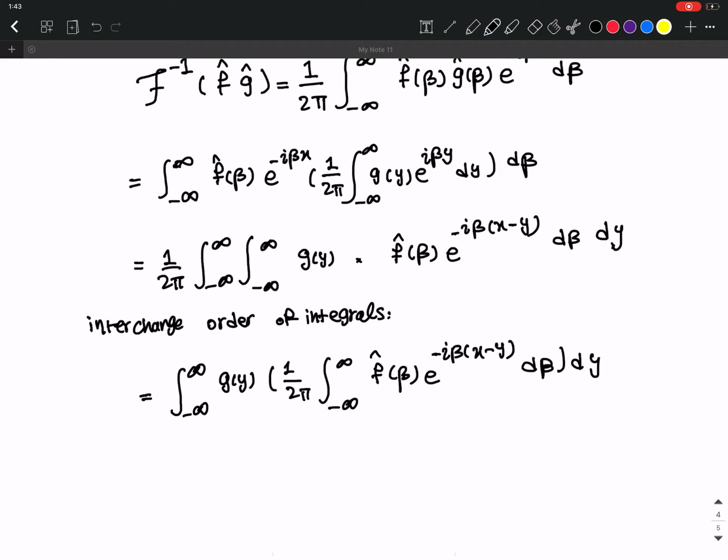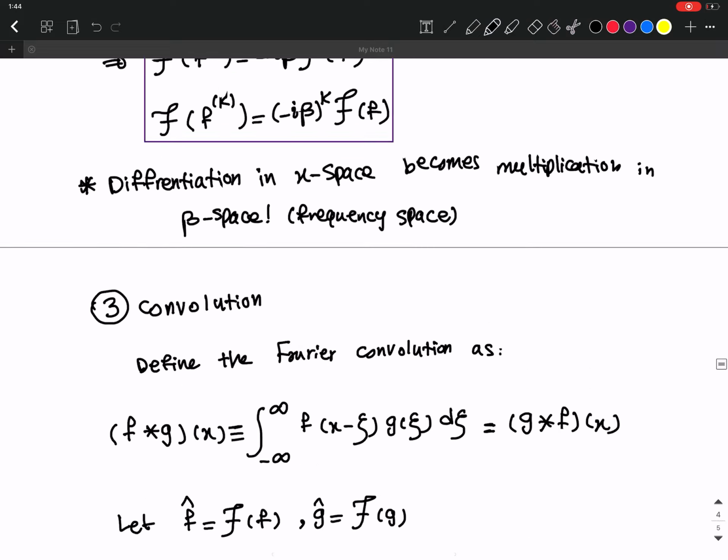And what I'm going to get here, there is an interesting thing here, because when you interchange the order of the integrals, there is this function that appears here. What is it? Can you remember that?